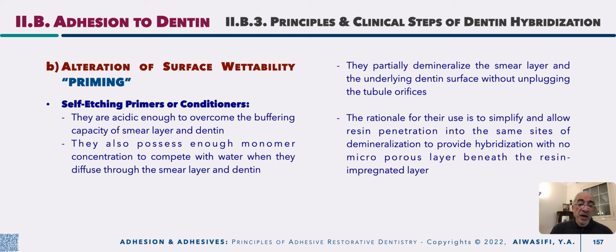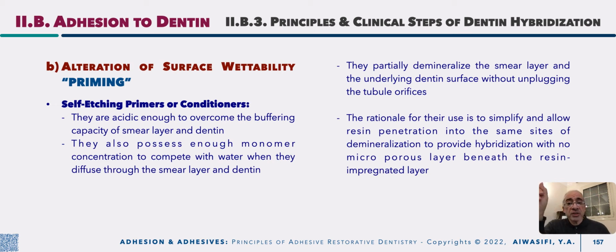They combined conditioning and priming at the same time, and these types of adhesives are a new generation that will be discussed in full details within the episode of adhesives itself, which is called self-etching primers or conditioner. It's a group of acidic monomers that provides two actions in one. It will condition the dentin and prime the dentin at the same time.